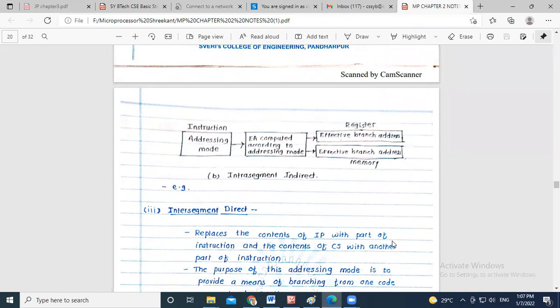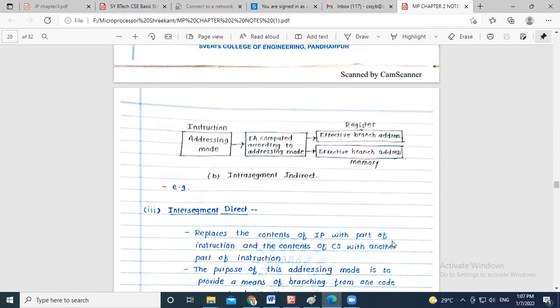In the branch related addressing modes, four categories: inter segment direct, inter segment indirect, intra segment direct, and intra segment indirect. All these, 5 plus 4, 9 kinds of addressing modes, you have to study.